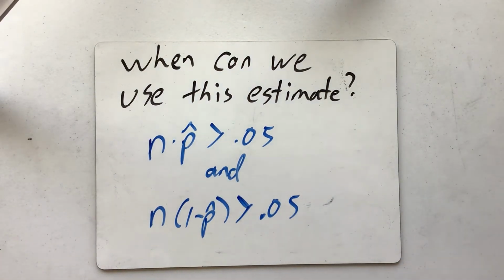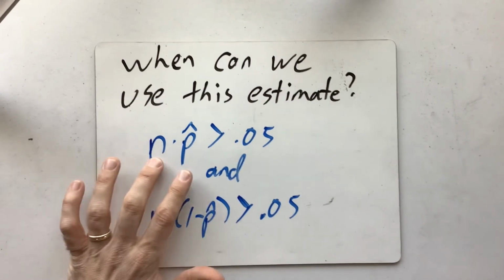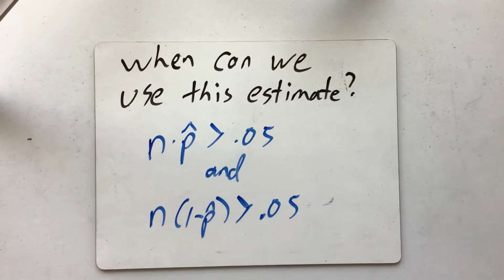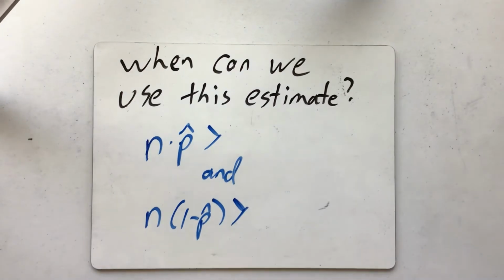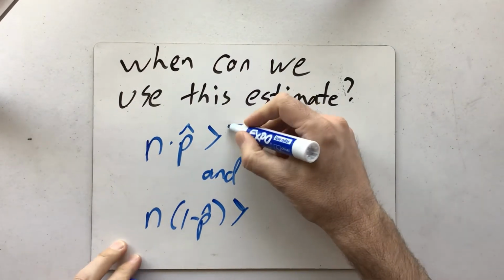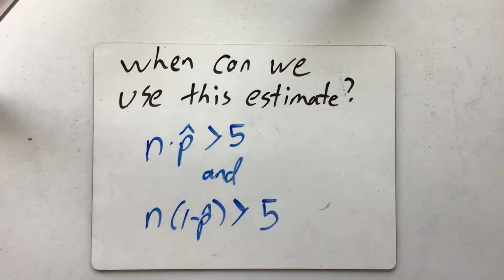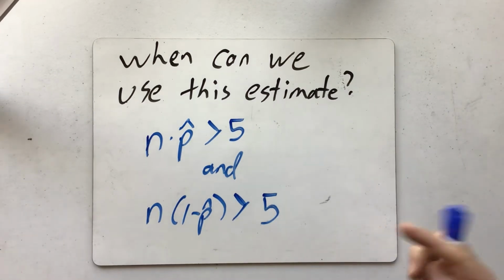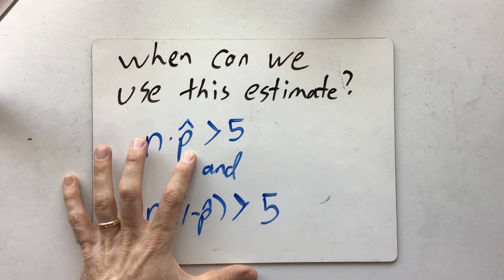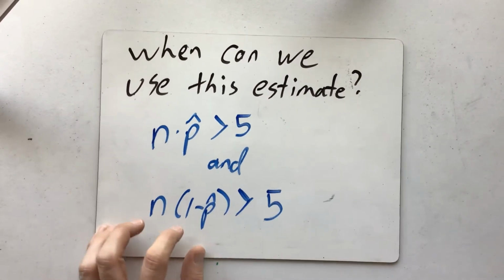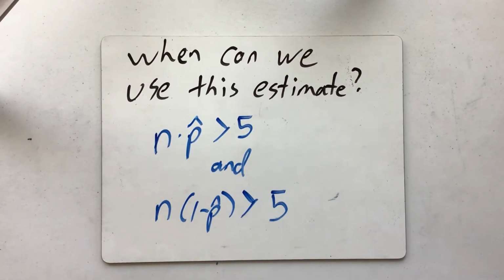The logic is we're going to allow ourselves to use this as long as we should expect to have at least 5 successes and at least 5 failures. So notice this is the number of successes, and this is the number of failures. Really, we're just saying, do we expect to have at least 5 successes and 5 failures?